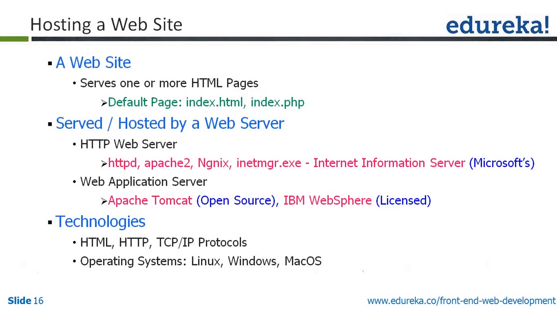These are the protocols you need at the network layer or at the application layer to develop and share your web page with the remote user, and ultimately the HTML page has to be rendered by the web browser. Note that you can host a website on any operating system, be it Linux, Windows, or Mac OS.